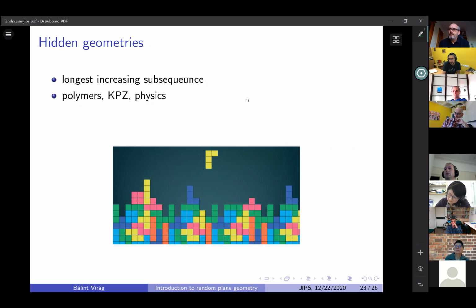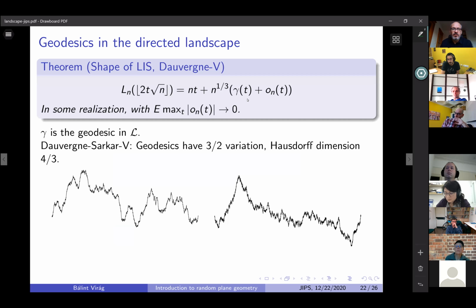Can I ask a question? Yes, of course. In case you don't have uniqueness of the discrete geodesic, do you get something about the correlation of the two possible geodesics, like the 2-point function of the Ln? Yes. So right. So in Ln there is no uniqueness, right? There are actually stretched exponentially many geodesics, but the interesting thing is that all geodesics converge to the same limit. Okay, so if you look at the difference in, say, a sup norm of two geodesics, that converges in probability to 0 in this scaling.